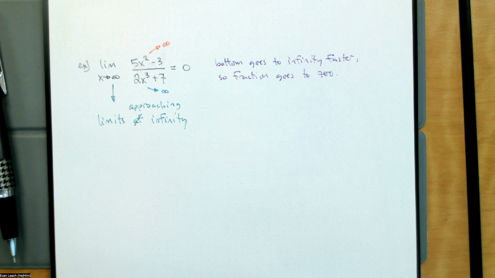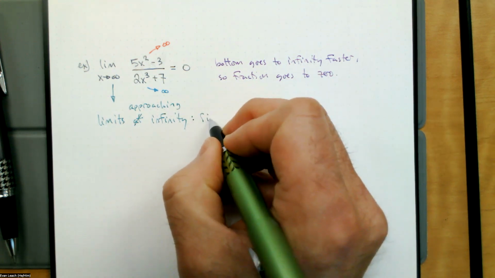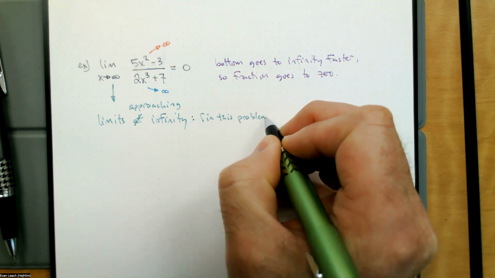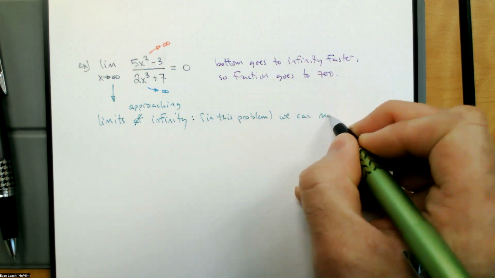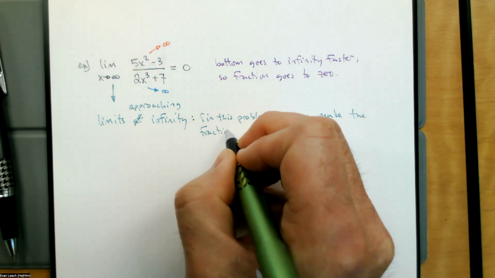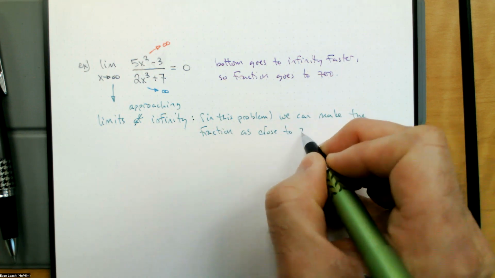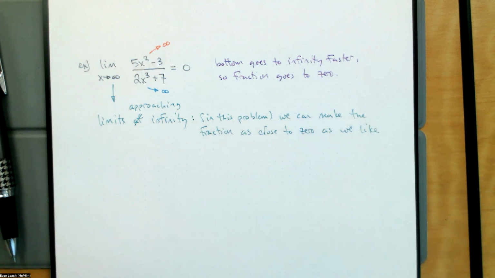When we're dealing with limits approaching infinity, this means that we can make the fraction as close to 0 as we like.